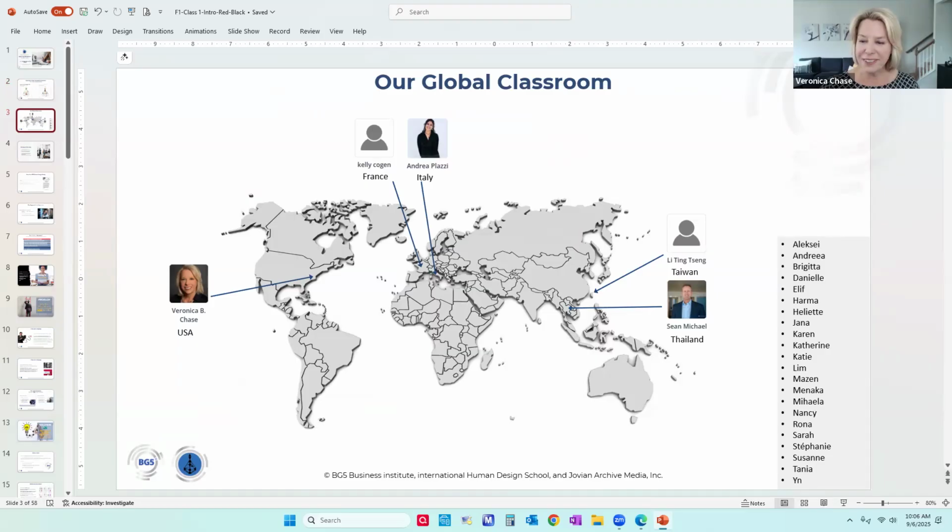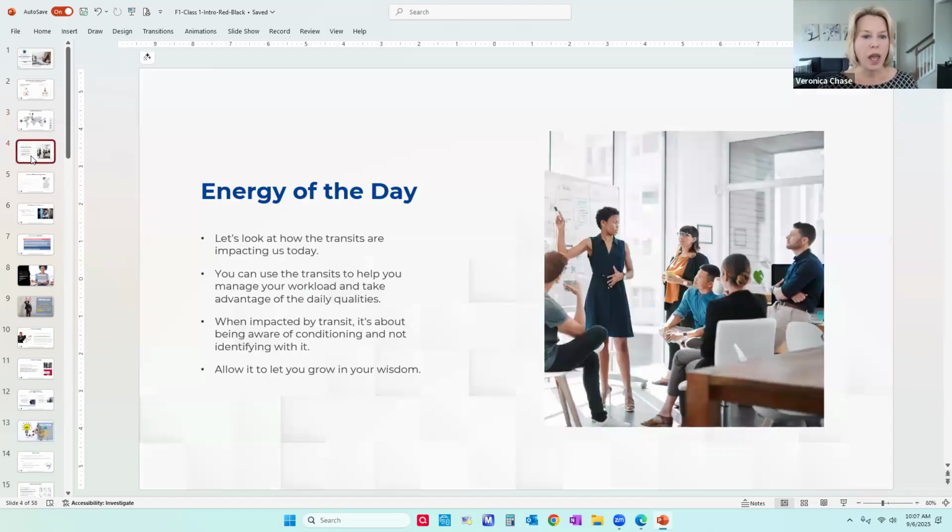All the people that are listed here on the right, you're all my special visitors for today. So again, I'm glad you're here, and I would like you to hang on at the end, and I'll share a bit more additional information with you. But otherwise, we have Kelly, Andrea, and Lee that are here from various countries that are already officially signed up.